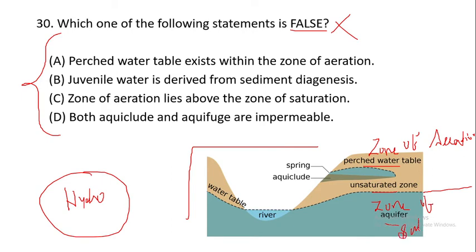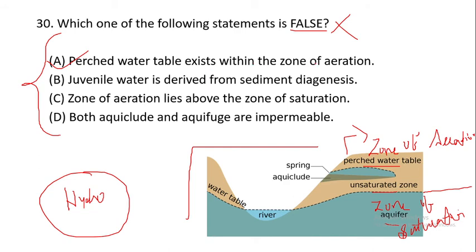It is the saturated zone. Here is the zone of saturation, here is the zone of aeration. So the perched water table is present in the zone of aeration. So the first statement is correct.